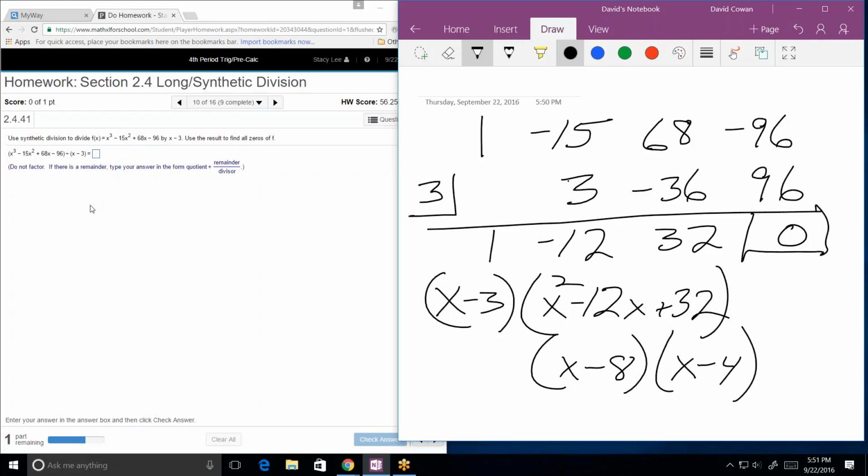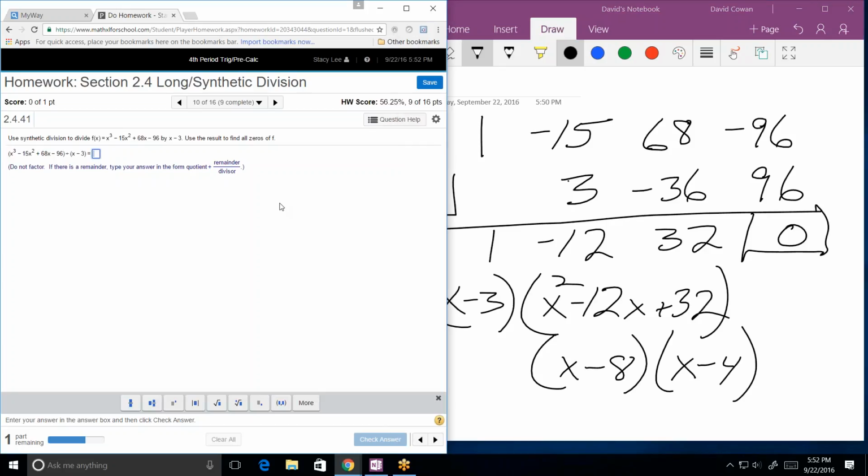Now, the question is, how do I put that in? Use the result to find all zeros of f. So it's going to be a multiple part. So the first thing I have to do is put the first answer in. So that's x squared minus 12x plus 32.